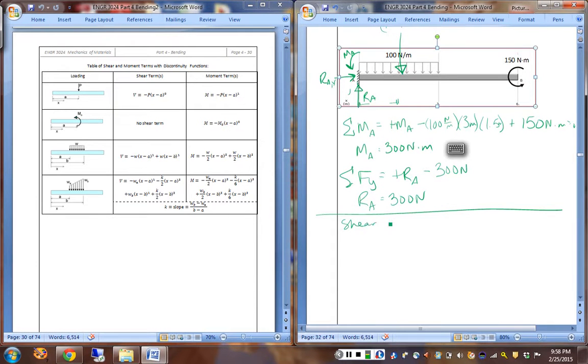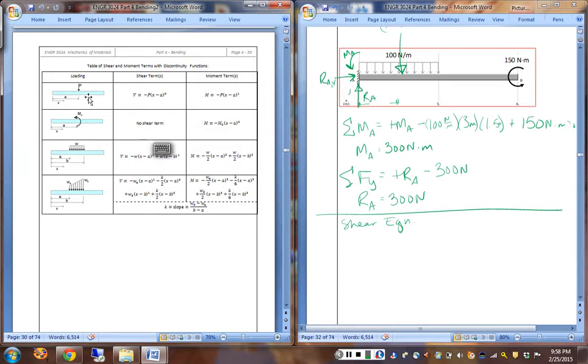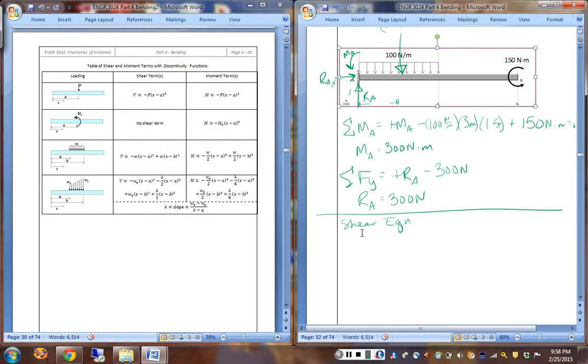So first, for the shear equation, we start from x equals 0, and we add terms as needed for the external forces that are on this beam. First thing we have is a positive reaction at A with a magnitude of 300 newtons. It's a single point force, so we use the first row of the column.